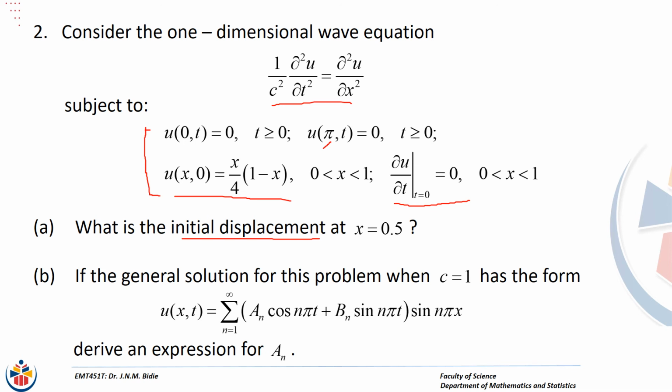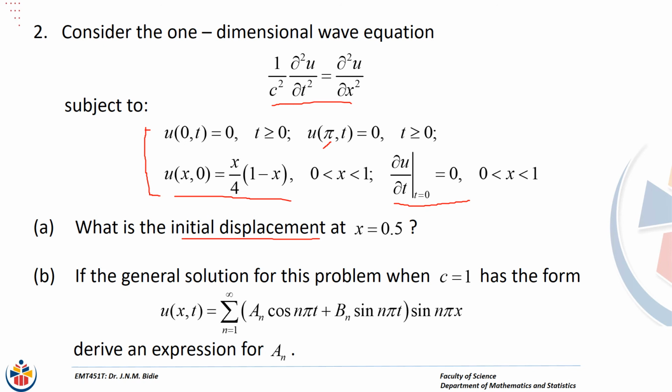You need to remember which initial condition gives us the initial displacement, and which one gives us the initial velocity. You must remember, initial displacement is u when t is equal to 0. Initial velocity is du over dt when t is equal to 0. You must remember all those things.